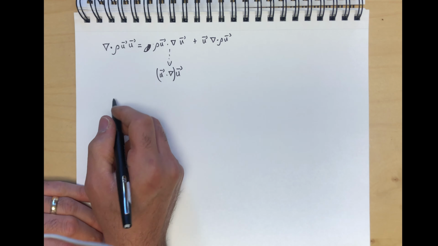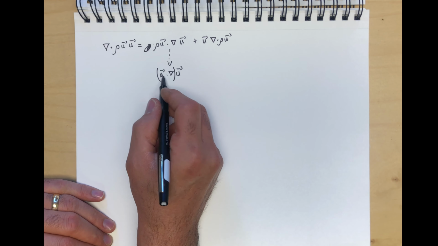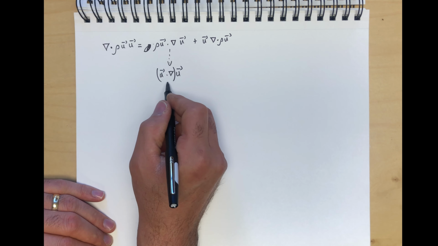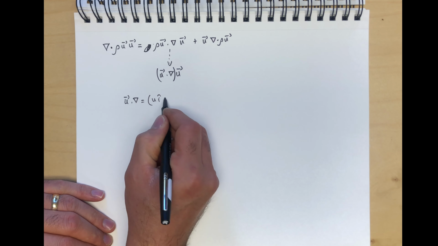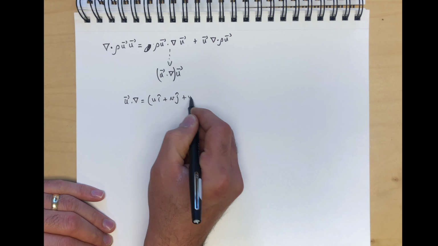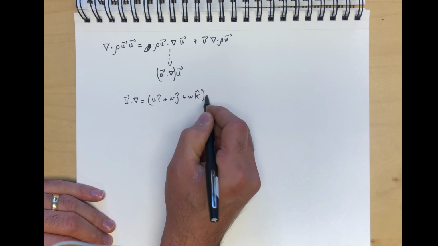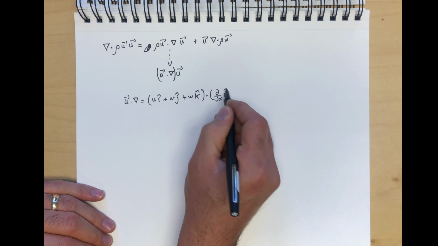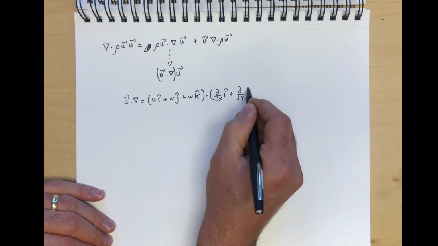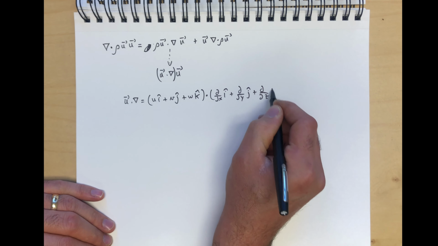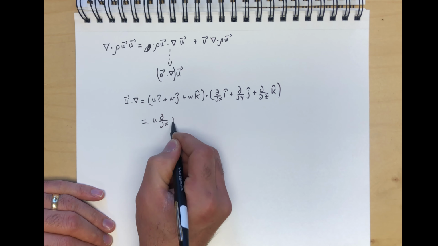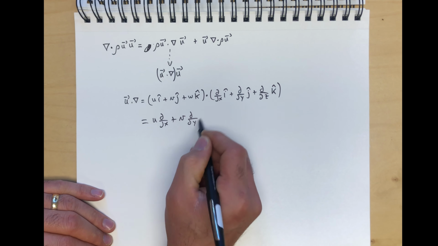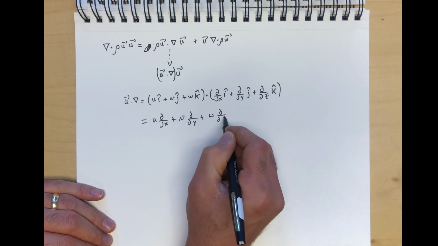And u dot grad is really easy to evaluate because that's just an operator. Vector dot vector is going to give you a scalar operator. So u dot grad is simply u i plus v j plus w k dotted with d by dx i plus d by dy j plus d by dz k, and that's equal to u d by dx plus v d by dy plus w d by dz.